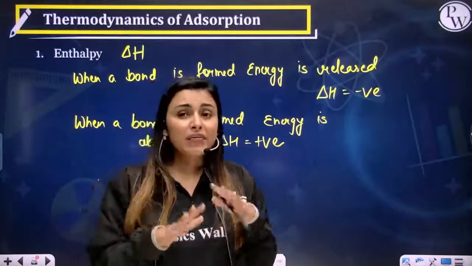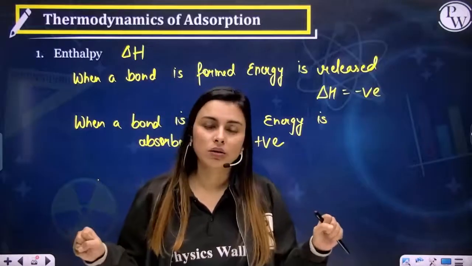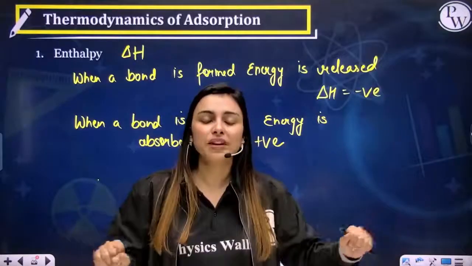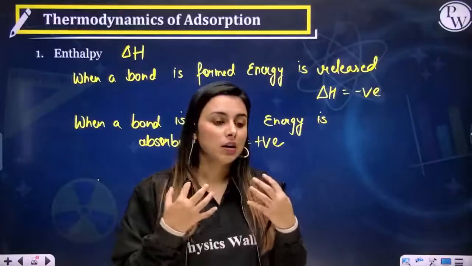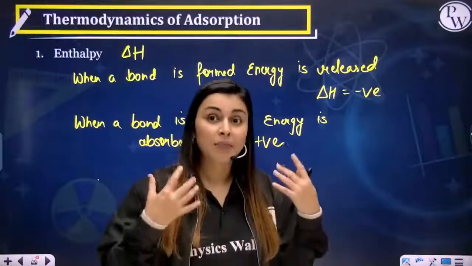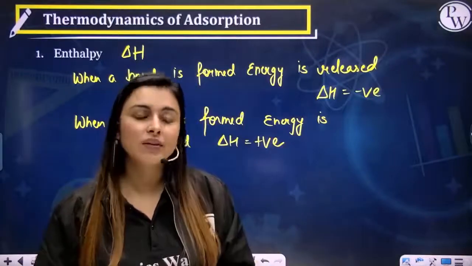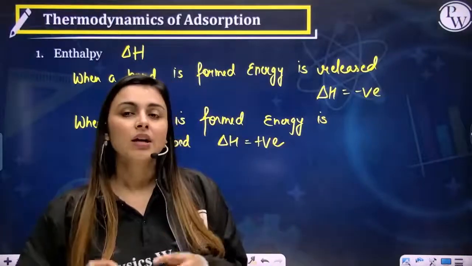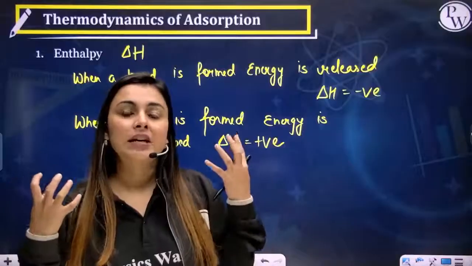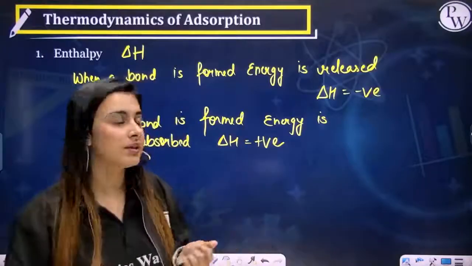So if anyone wants to break your friendship, they'll have to give a lot of thought to it, a planning and plotting. That is, they will need a lot of energy to break the bond, right? Yes. So whenever a bond is broken, a lot of energy is required.